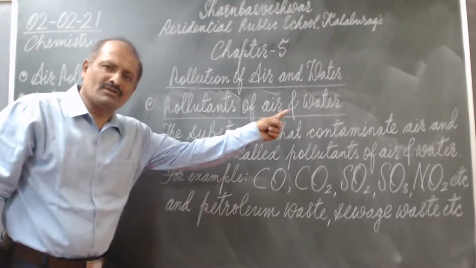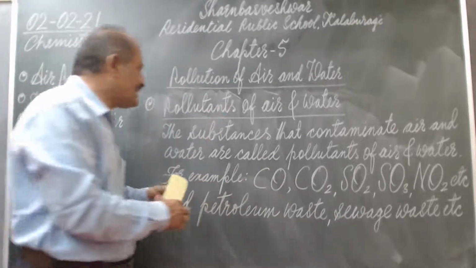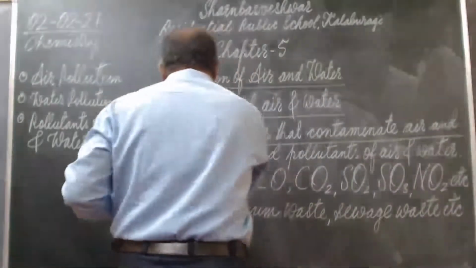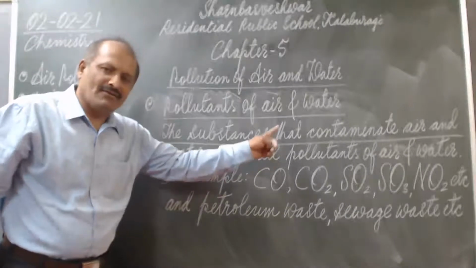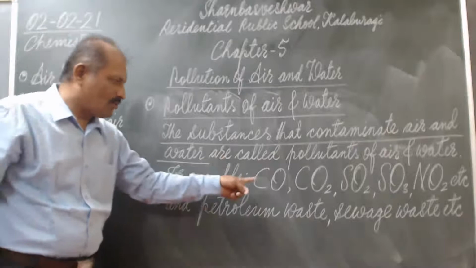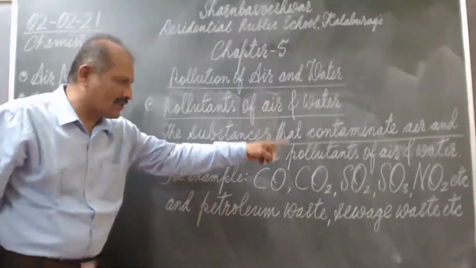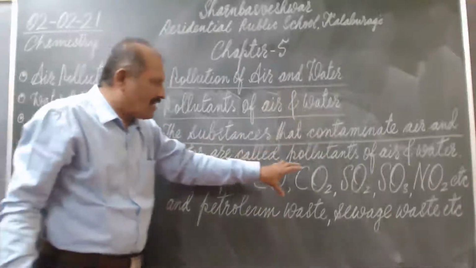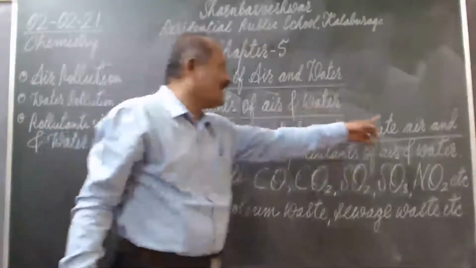The substances that contaminate air and water are called pollutants of air and water. For example, carbon monoxide, carbon dioxide, sulfur trioxide, nitrogen dioxide, etc. These are the toxic gases that contaminate air.